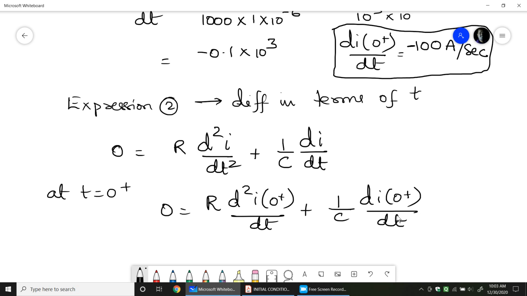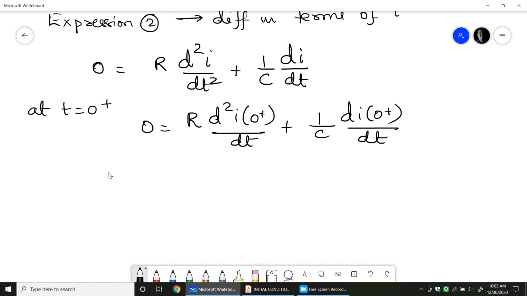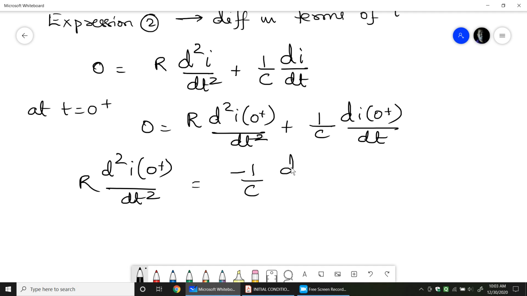Therefore d square I of 0 plus by dt square would be equal to minus 1 over RC into di of 0 plus by dt. Therefore if I take R to this side, it becomes multiplied by C.